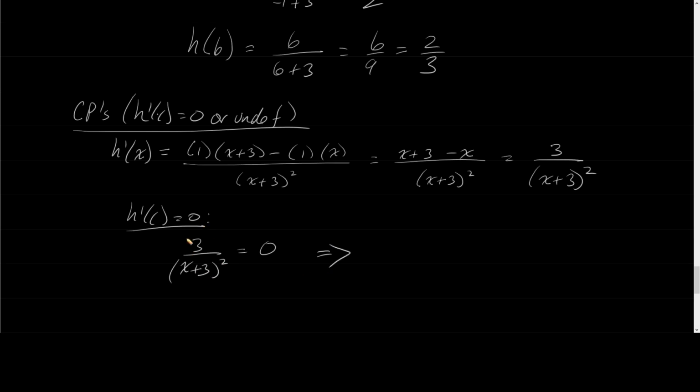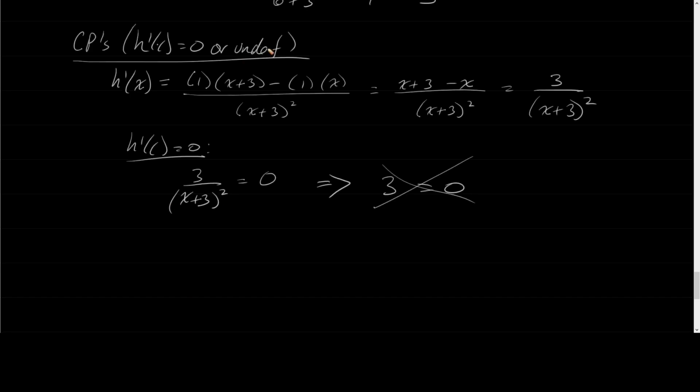Now here I have a fraction equaling 0. The only possible way for a fraction to equal 0 is if the numerator itself is equal to 0. But that doesn't make sense in this case. There's no value that would make 3 be 0. So there are no critical points of this kind. Now let's figure out the undefined part.